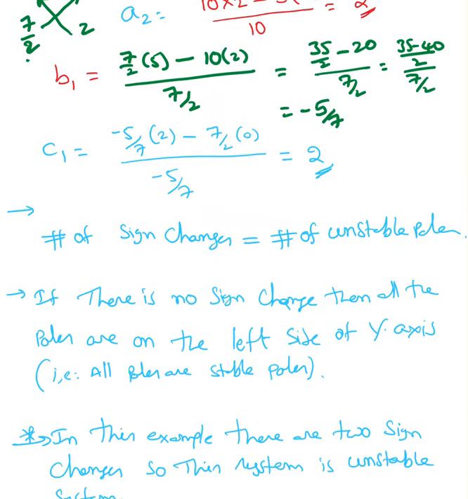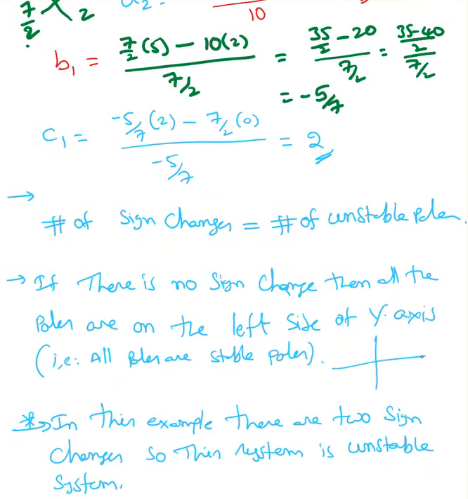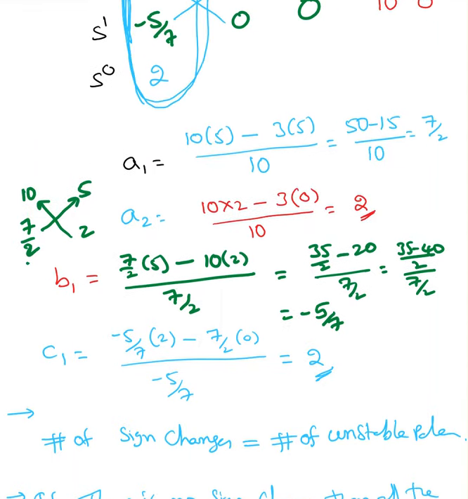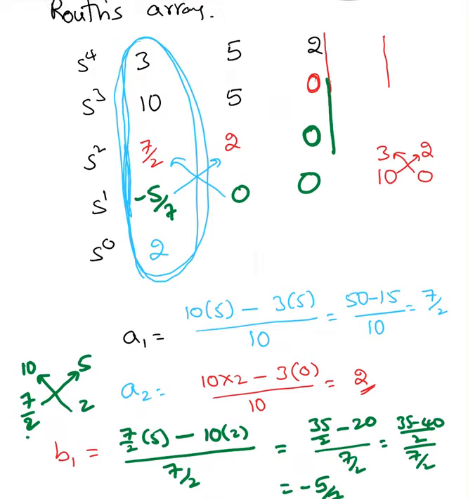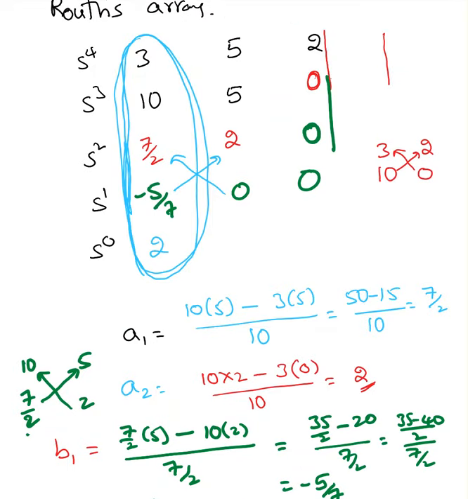That is, all poles are stable poles. If you take the xy axis and all poles are on this side, the left of the y-axis, then those poles are stable poles, so the system is stable. In this example, we saw 2 sign changes, so we have 2 unstable poles. So this system is unstable.